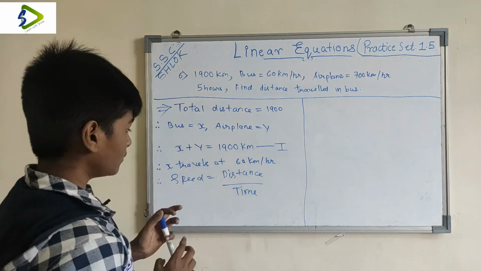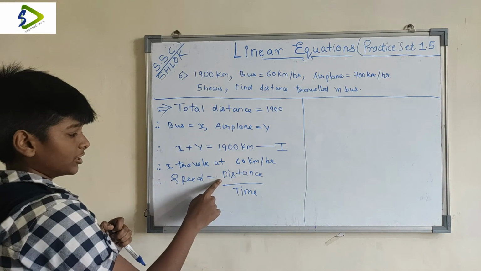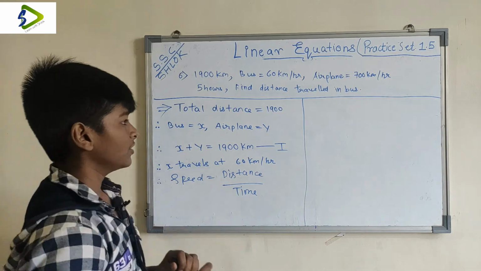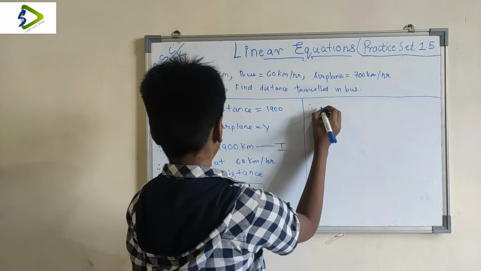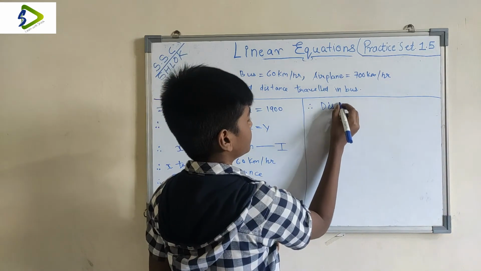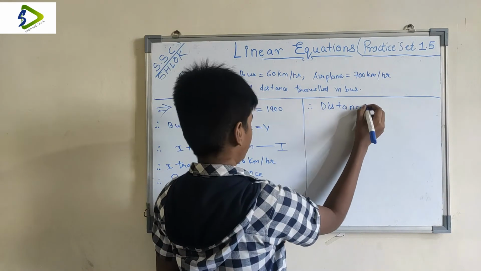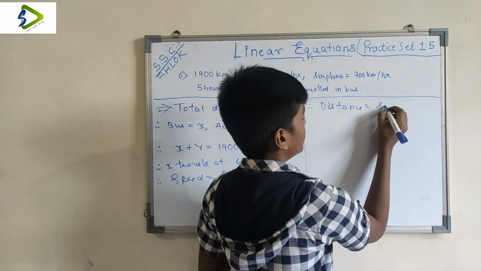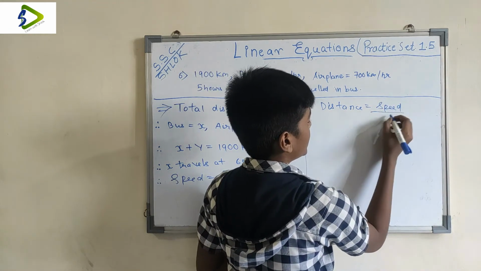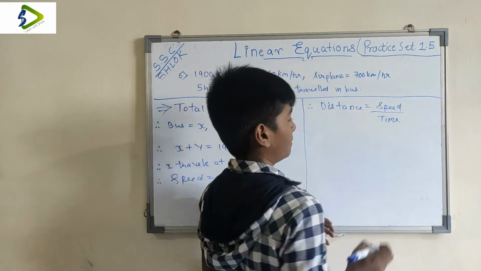Now what we want to find is the distance. So take distance to this side and speed to that side, we get, therefore, distance is equal to speed over time, right?